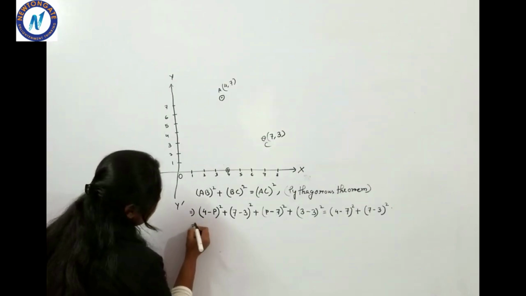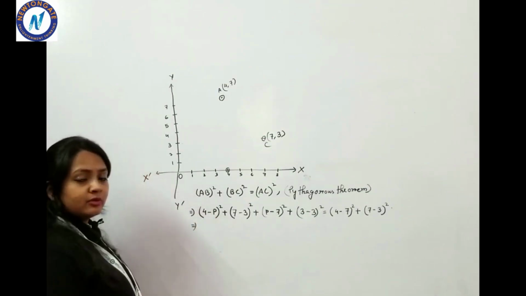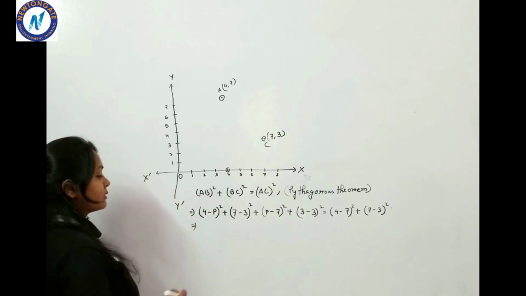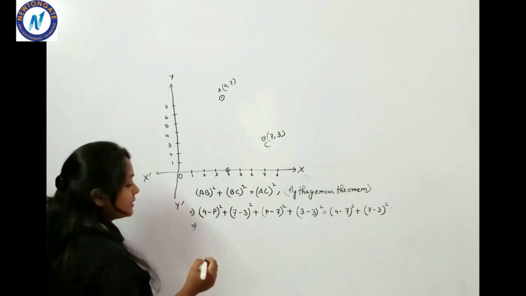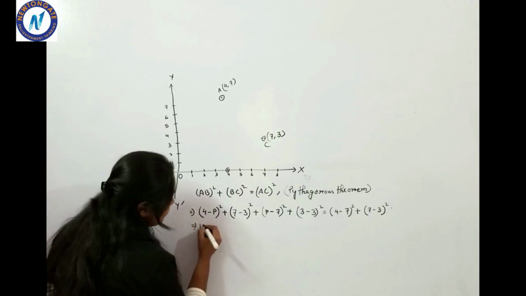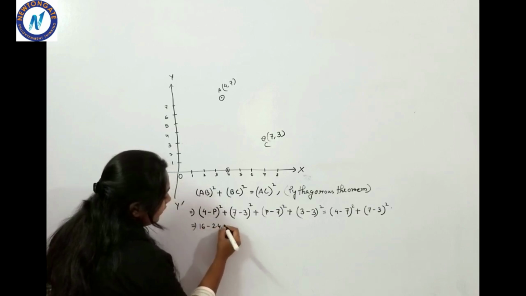simplify this equation. Here we use the formula of (A minus B) whole square, which means A square minus 2AB plus B square. A square means 4 square, that is 16, minus 2 into 4 into P plus P square.